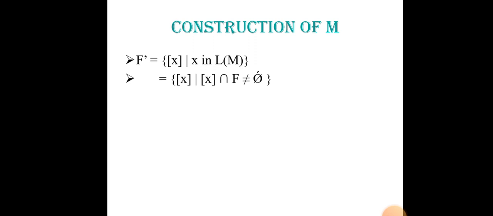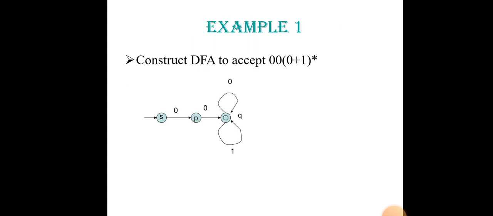It is not equal to null. Now let's see a small example for DFA. Construct a DFA to accept 0 plus 1 ending in 0 plus 1. This is the skeleton: it starts from S, goes to P, the final state, with 0 and 0, and P contains 0, and it ends with 0 plus 1. So this is the skeleton of the DFA. Let's construct it one by one.